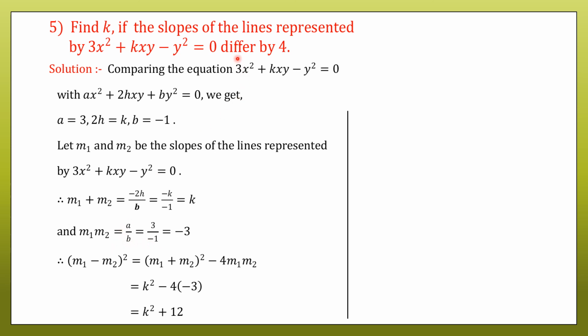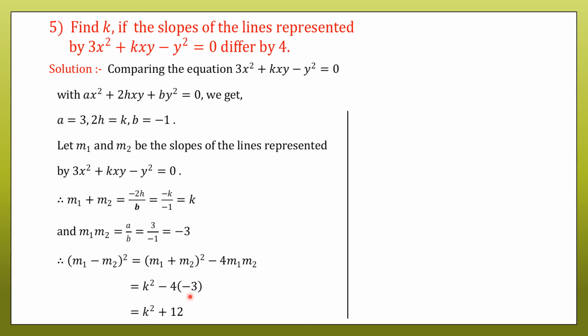Also, the difference of the slopes is 4. Therefore, we take m1 minus m2. We express it in terms of the sum of the slopes and the product of the slopes. Therefore, m1 minus m2 whole square equals m1 plus m2 whole square minus 4 into m1 multiplied by m2. Putting the value of m1 plus m2, which is k, square, minus 4, and m1 multiplied by m2 is minus 3.